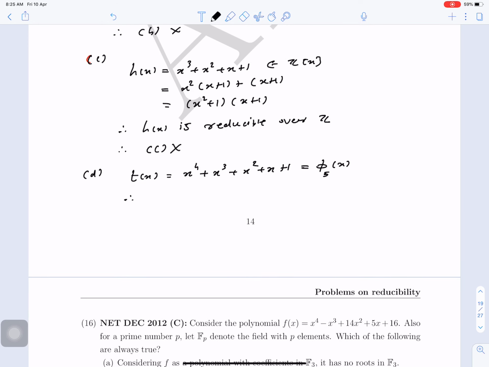So therefore T(x) is irreducible over Q. So therefore T(x) is irreducible over Z, because T(x) is monic. So therefore option D is correct.